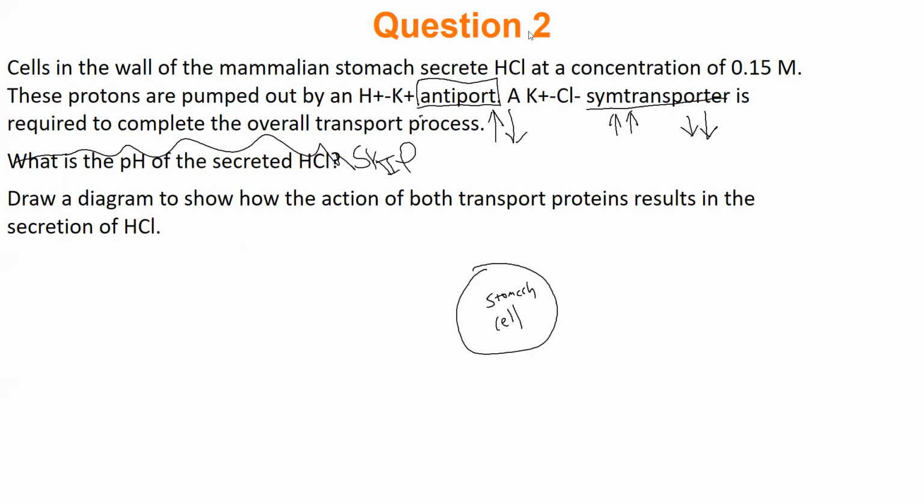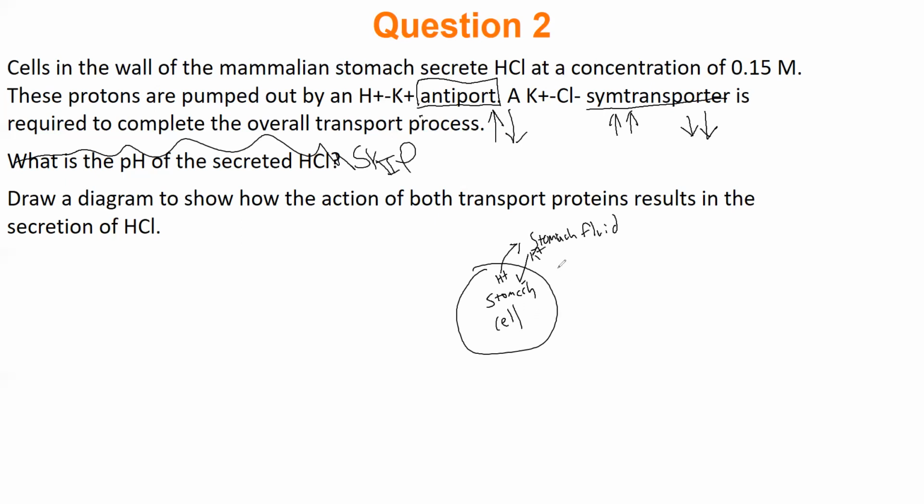All right, so if this is a stomach cell, and up here is just stomach fluid, and I'm pumping HCl into our stomach fluid, let's look at our antiporter. Hydrogen must go out of this cell. Potassium goes inside because that's what an antiporter is.